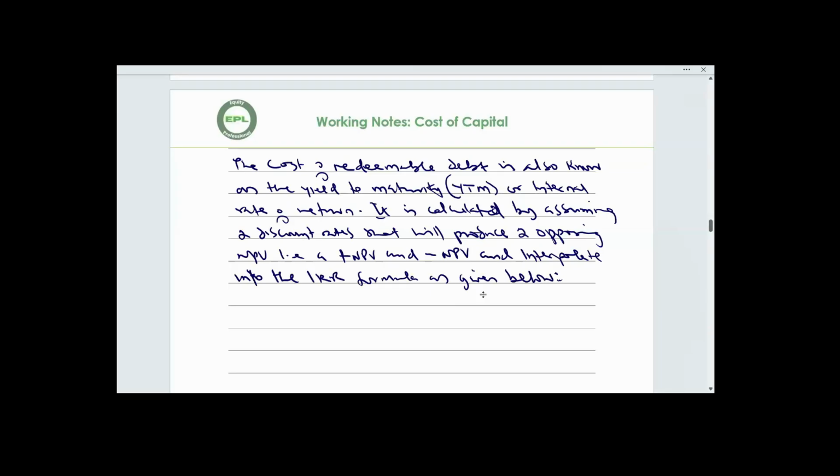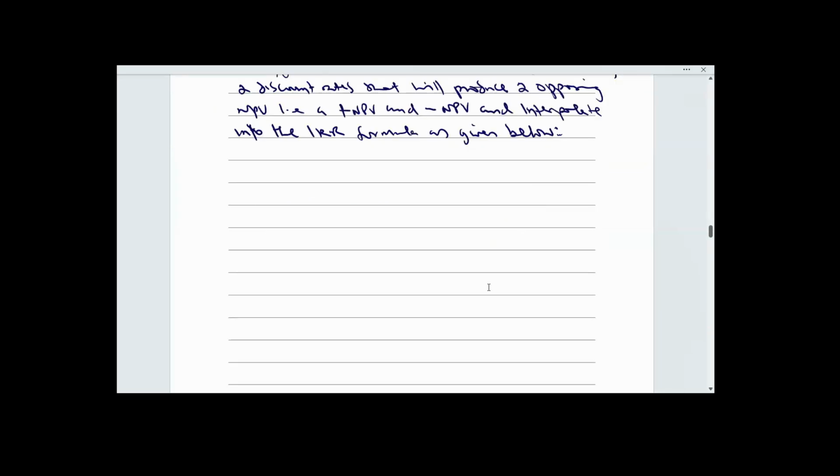Okay, so whenever you want to calculate the cost of redeemable debt, which is denoted as KD or IRR, it is calculated as A, that is the lower discount rate, plus the net present value of the lower discount rate divided by the net present value of the lower discount rate minus the net present value of the higher discount rate, all multiplied by the higher discount rate minus the lower discount rate.